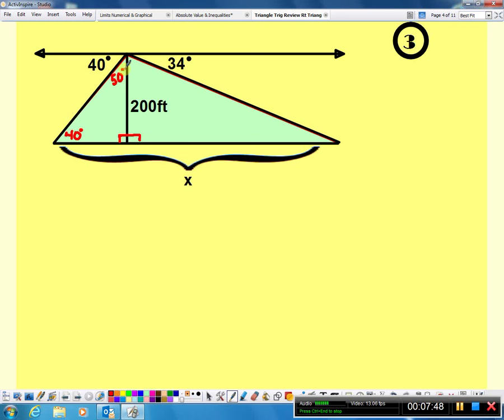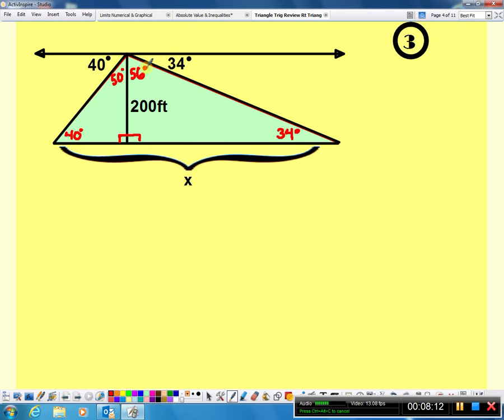This is 34 also. I'm dealing with alternate interior angles. Let's see here. 90 minus 34, I believe, is 56 degrees. Now, I am allowed, when I'm trying to solve for x, to use either the 40 and the 34 or the 50 and the 56. It's just whatever floats your boat.